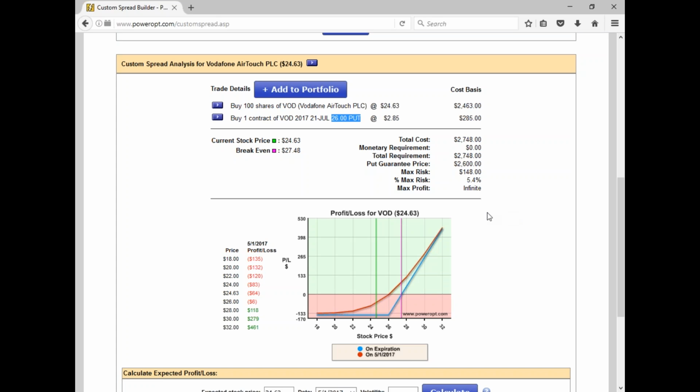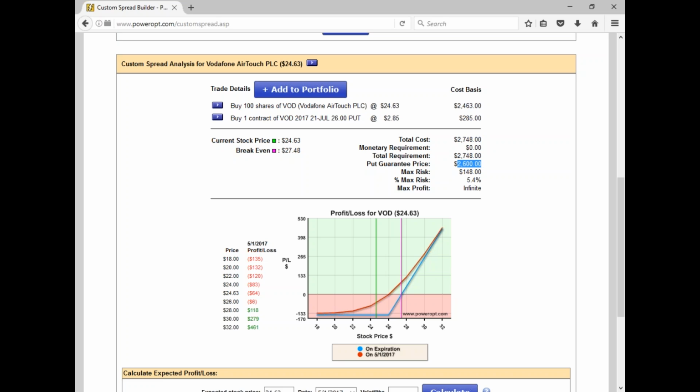The standard married put radioactive trading setup means, of course, we're going to buy 100 or 200 or 300 shares of stock, and the same number of put options against it. So by buying the stock today at 24.63, buying the July 26 put at 2.85, I'd have a total investment out of pocket of 27.48. But I'm guaranteed to get 26 back.